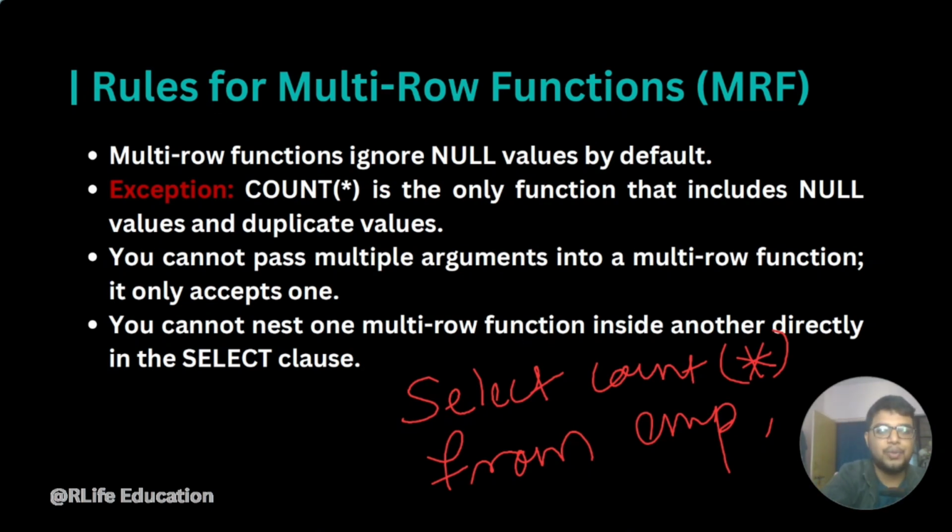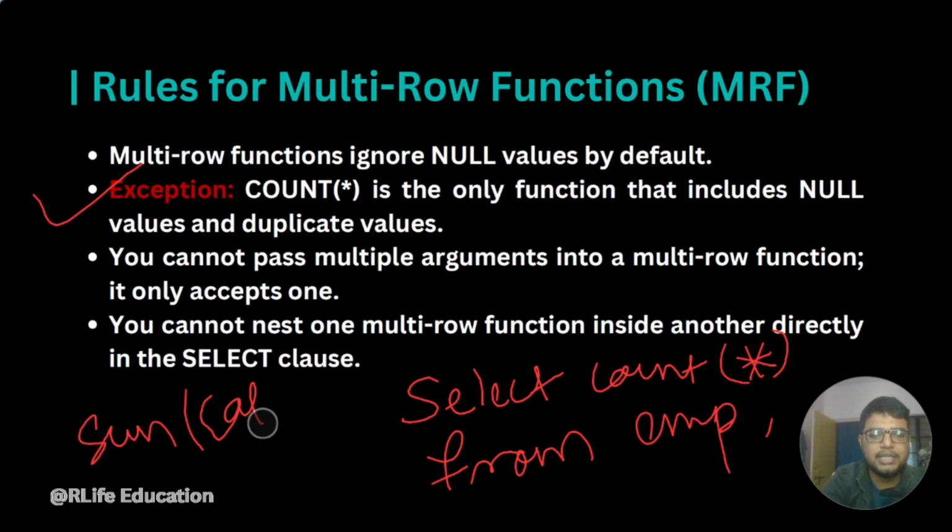You can see here one exception is there. Count is the only function that includes null values and duplicate values. You can't pass multiple arguments into a multi-row function. So if I have to find the sum of salary and commission, I can't write sum of salary, comma, commission. Why am I not able to do this?